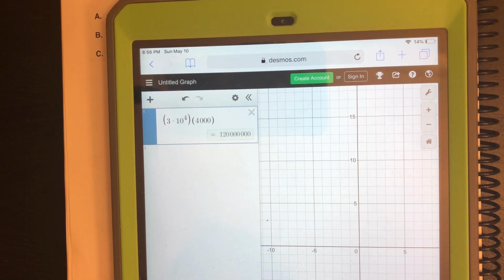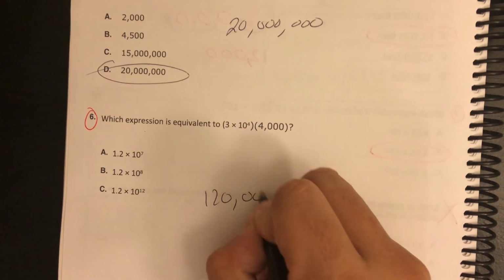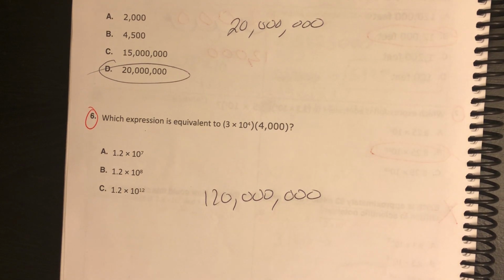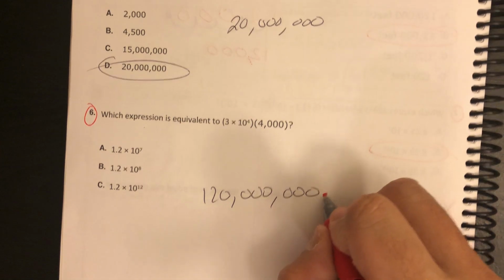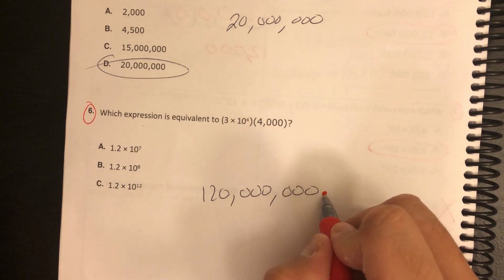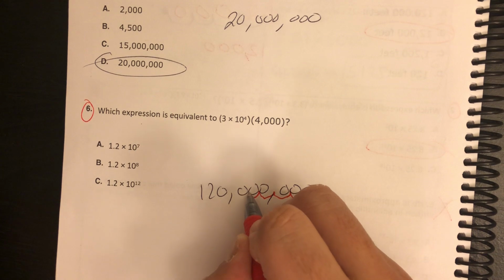You get 120 million. So let's write that out. And for this problem, I'm going to have to convert that number into scientific notation. So remember, if the number doesn't have a decimal, put the decimal at the end, and then you're going to move that decimal enough times until you have 1 digit in front of it.